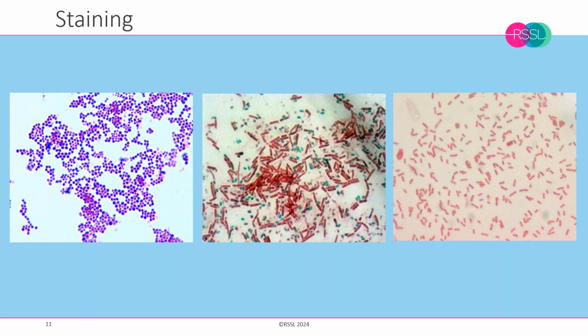So with staining, we're creating a wet preparation of a bacterial or fungal colony. We're adding a dye, and some of the information that we will gather relating to size, shape, arrangement will give us that verification, because we can have a problem further down the line. We can misselect something.